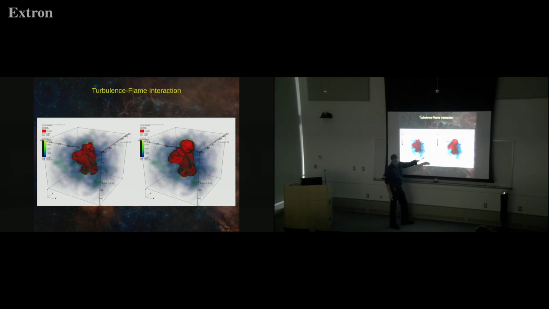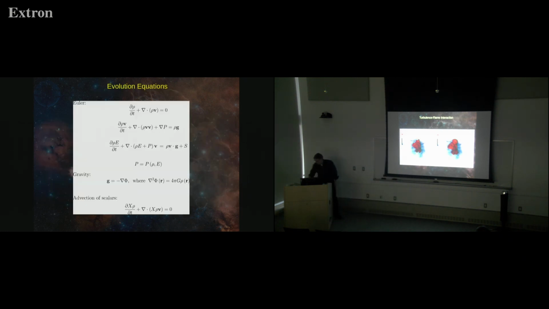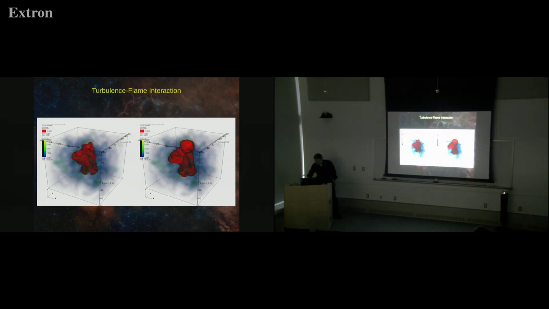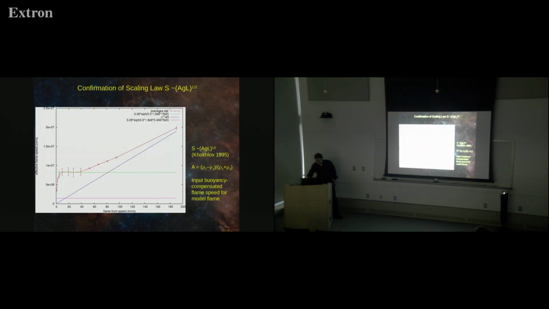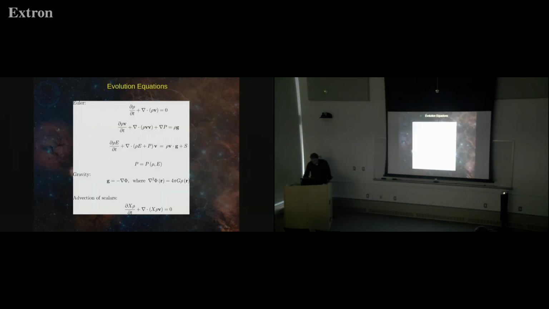It would calculate a flame speed based on the strength of the background turbulence. And we saw that scaling law from Alexei Khokhlov that gives you a self-regulated flame speed as a function of the local conditions. So we put that together.